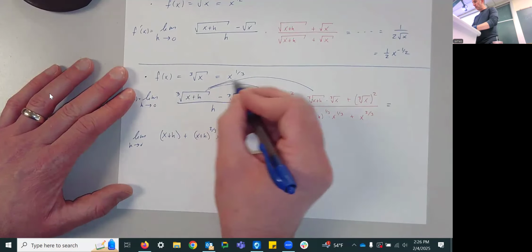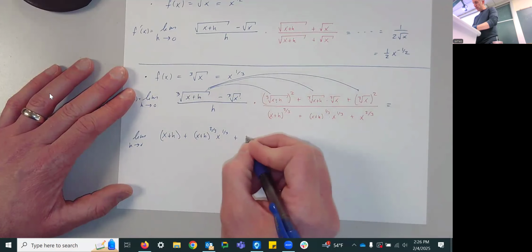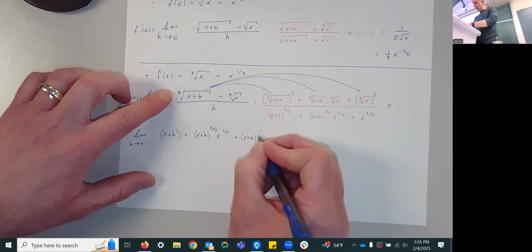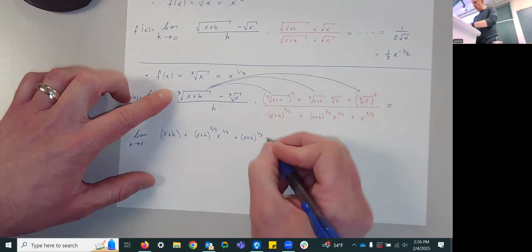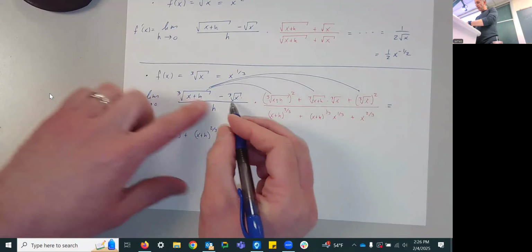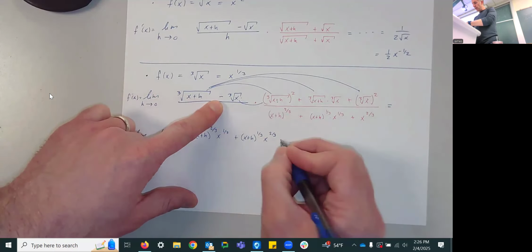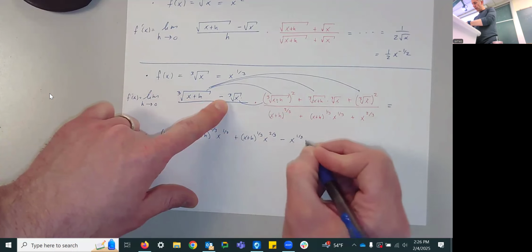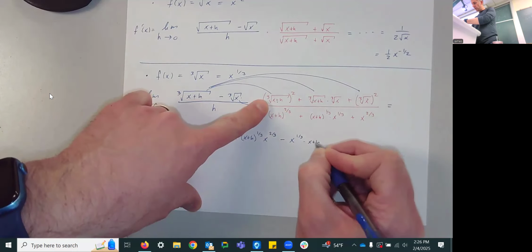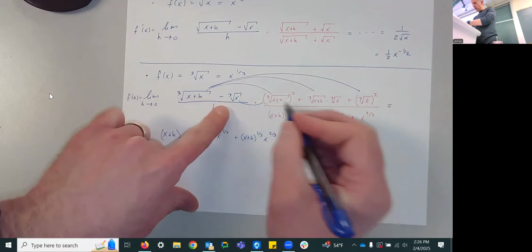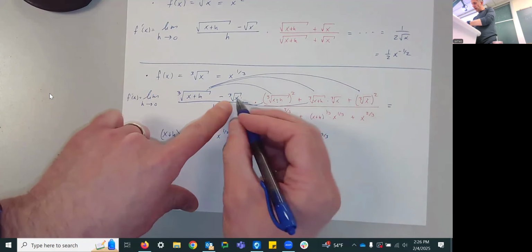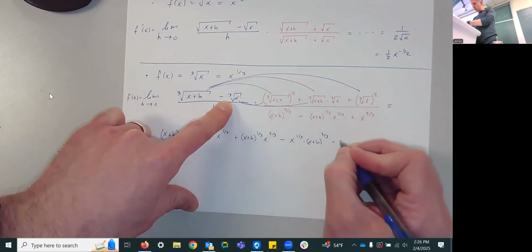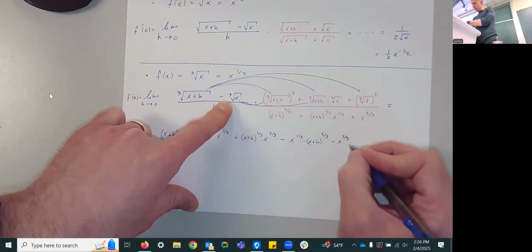And finally, the last one, x plus h to the 1/3 times x to the 2/3. And then the minus ones, minus x to the 1/3 times x plus h to the 2/3. Minus x to the 1/3 times x to the 1/3 is x to the 2/3 times x plus h to the 1/3.